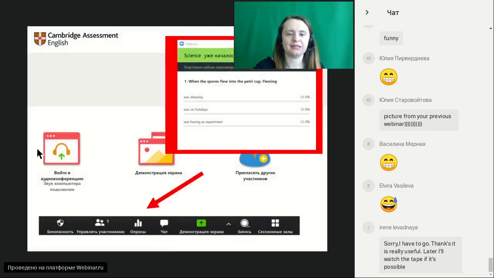Okay. And this is another tool which I like using for short testing or as a lead-in. Zoom provides a questionnaire, a poll. You need to click this button and create a poll.